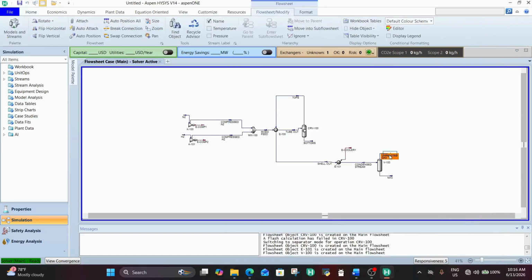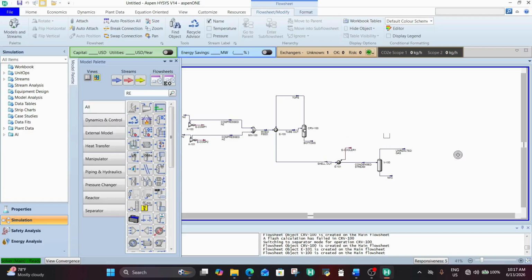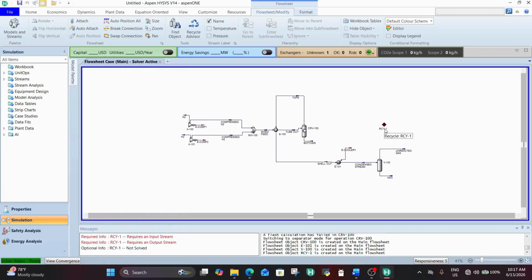So we recycle this to our reactor feed. Now, where exactly do we plug this? Well, first, you actually need a recycle. We call this 3, and we drop that.